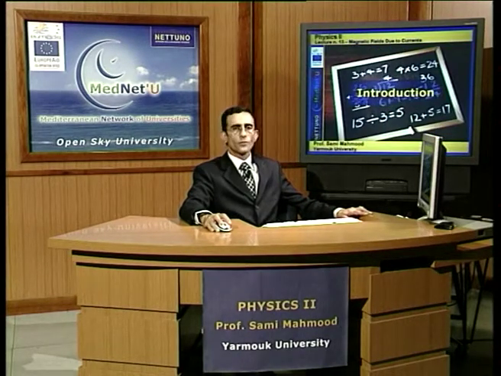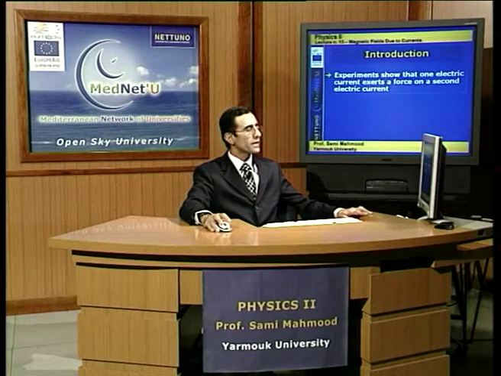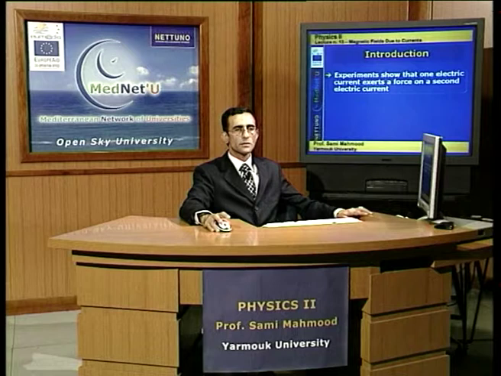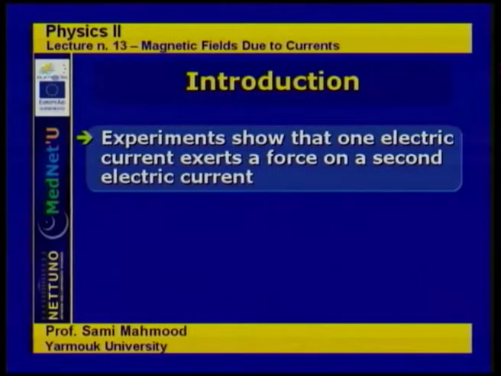To begin with, we start by recalling that experience and experiments have shown that electric currents exert force on each other. So if we have two currents or two current-carrying conductors, they interact with forces.